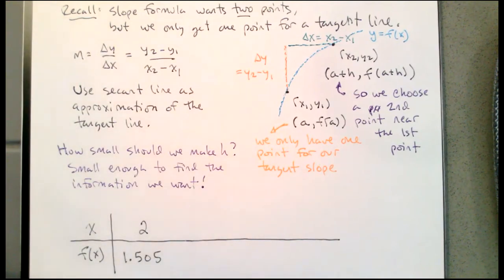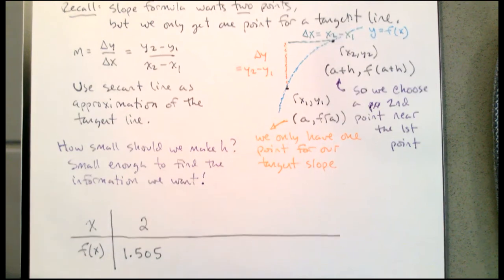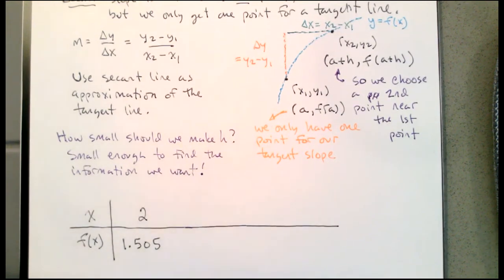Now I'm going to pick a small value for h, evaluate the function at that point, and then calculate the slope. Let's choose h to equal 0.1.